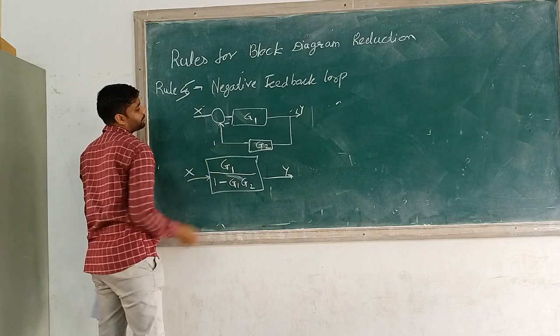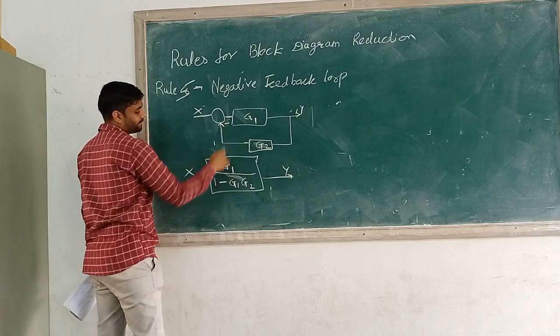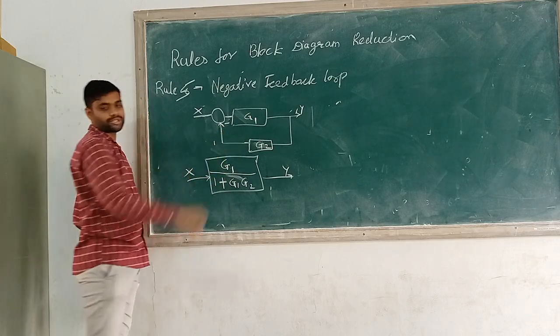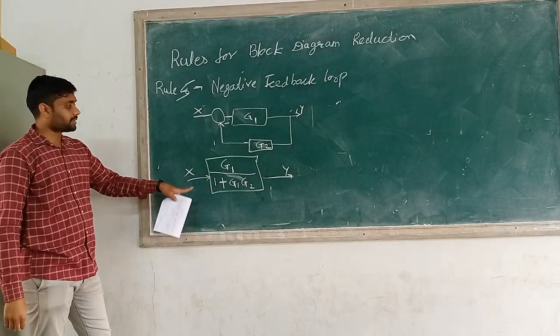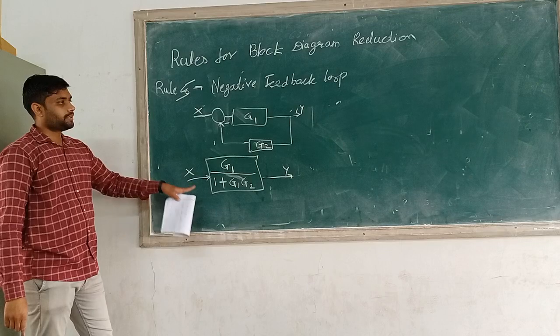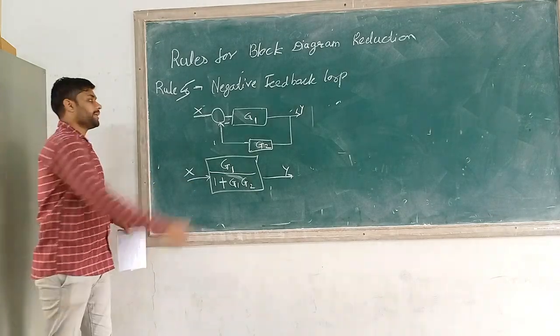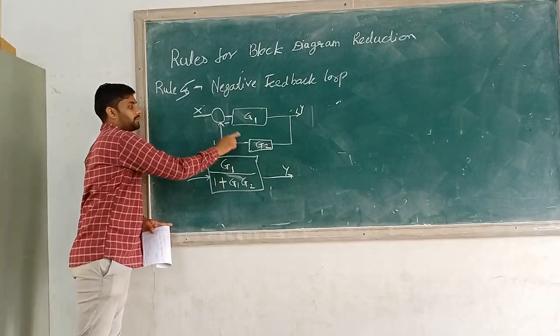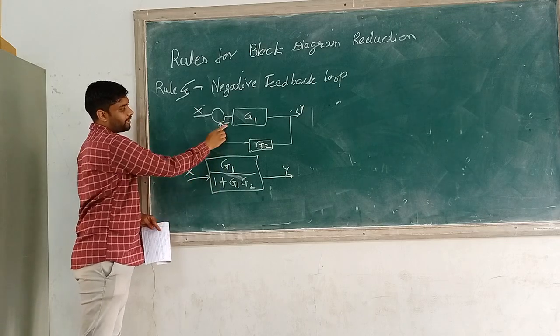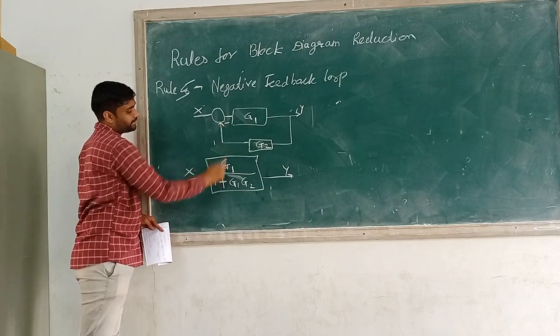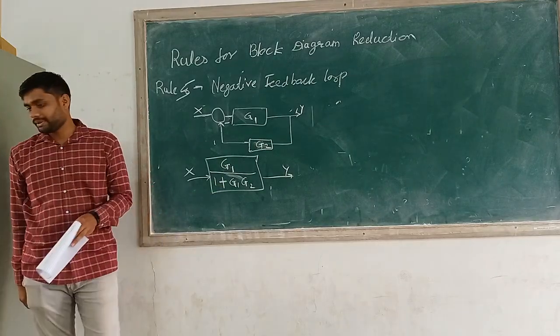So for this negative feedback loop, only the sign in the denominator gets changed. This will be the feedback summing. We reduce these two blocks having the negative feedback loop like this. Only the opposite sign comes in the denominator. Okay.